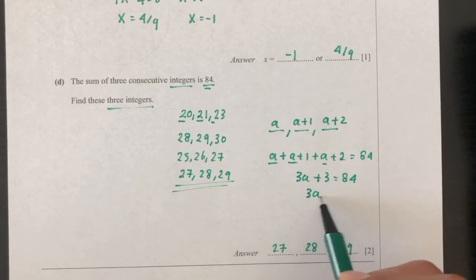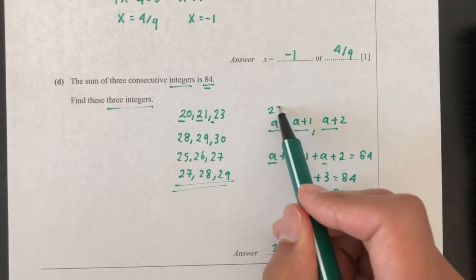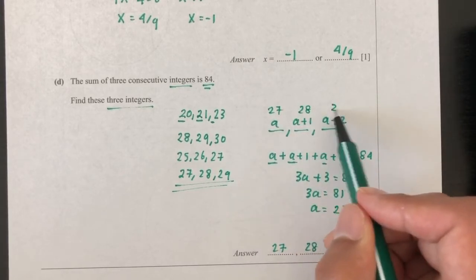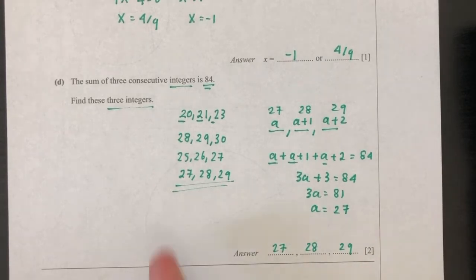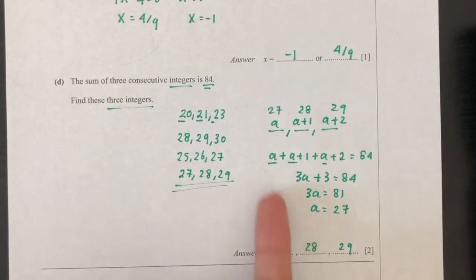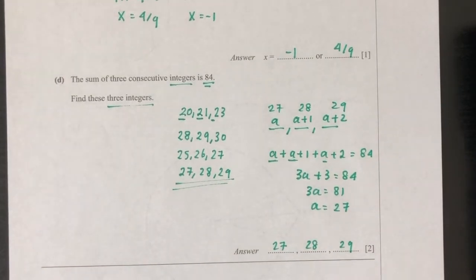So 3a will be equal to 81, so a will be 27. We place a back here, that will be 27, 28, and 29. So that's the other way to find these three terms. One is by trial and error, and one is by making an equation. That will be question number 3.